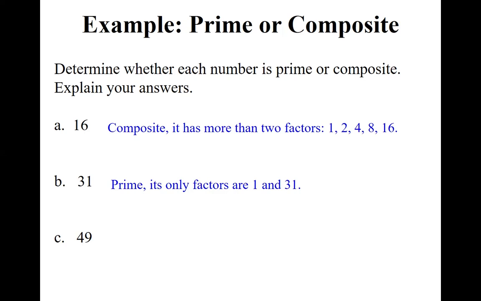There's nothing besides 1 times 31 that'll get us 31. 49? Well, 7 times 7 is 49, and that's enough to say we have a composite number.